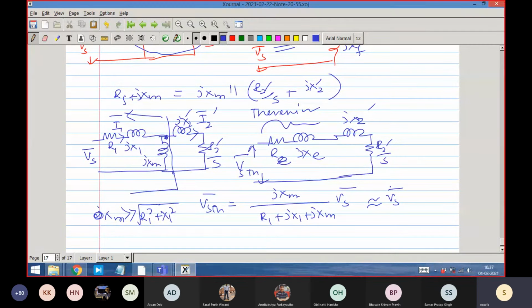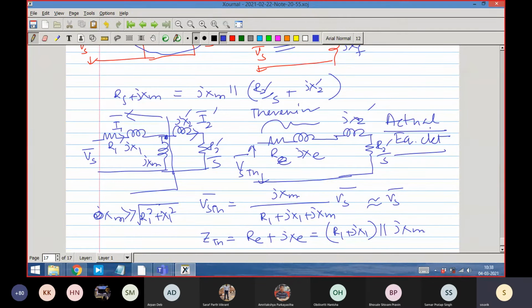That means Z Thevenin is equal to RE plus JXE, equal to R1 plus JX1 in parallel with JXM. There will be a little change in these values, but this is the actual analysis method, the actual equivalent circuit.